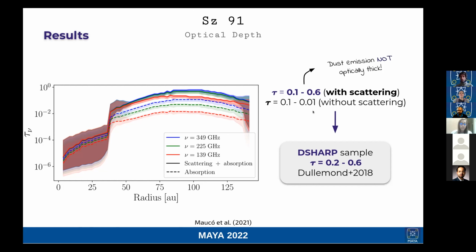But in the more general case with scattering, we found peak optical depth values very similar to the ones found in the Lupus sample, the one that I showed you before. So we can safely say that the dust is not optically thick, so we can use this data set to estimate properly the characteristics of the dust in this ring.